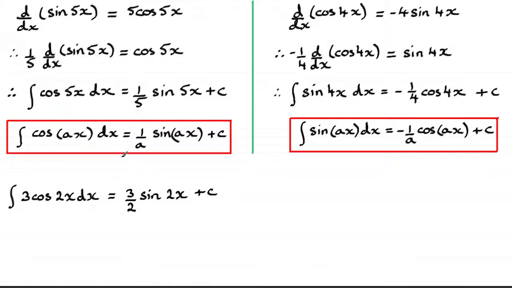So it's going to be 3 times 1/2 here. 3 times 1/2 is going to give you 3/2, and then it's going to be sine of 2x, the a being that 2. And not forgetting that constant of integration, so well done. Hopefully that's been of some use to some of you out there.